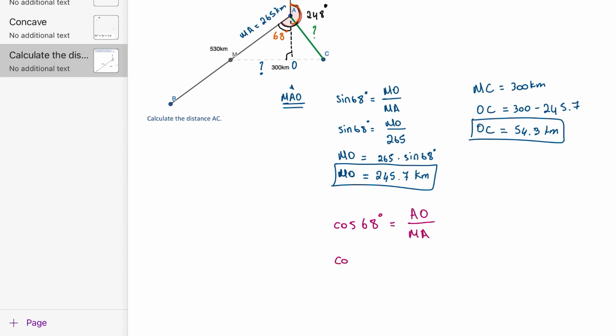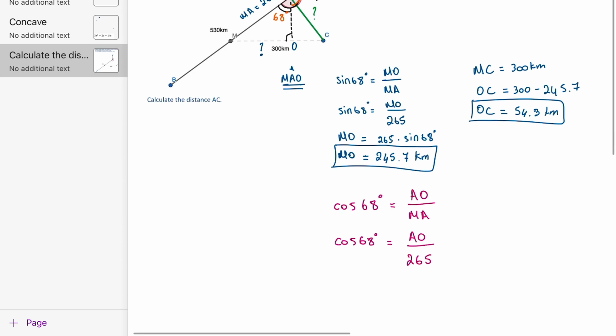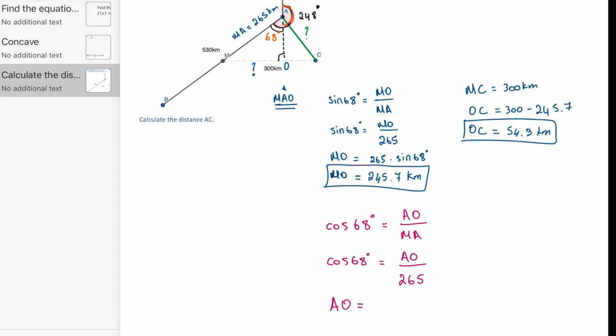So cos 68 degrees, we know that AO will be equivalent to 265 times cos 68. And we know that AO is 99.27 kilometers.